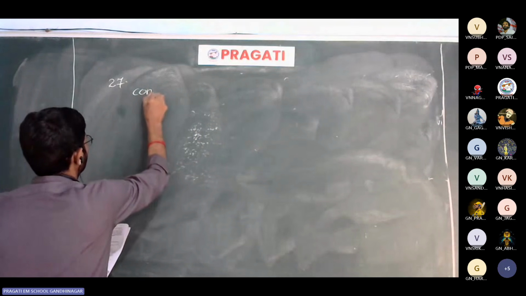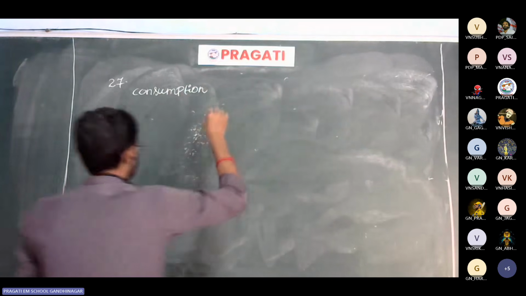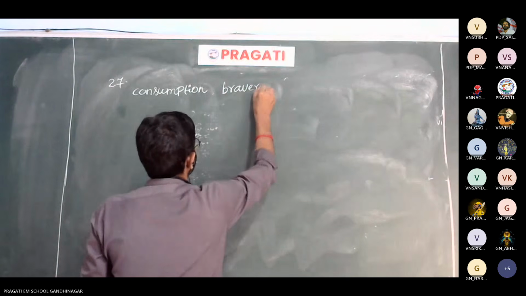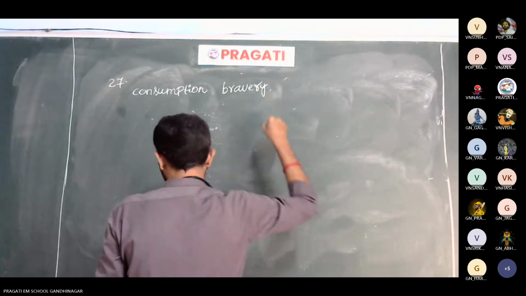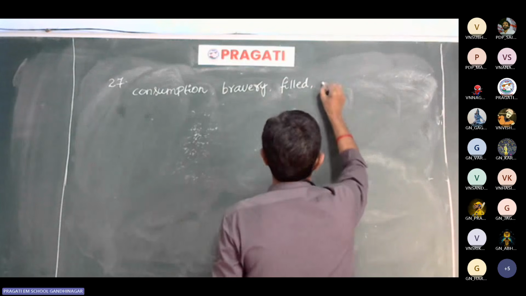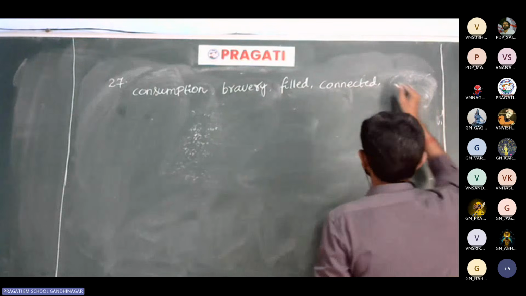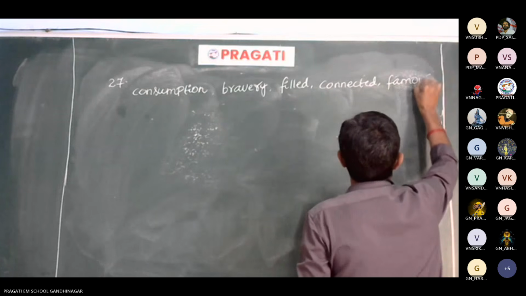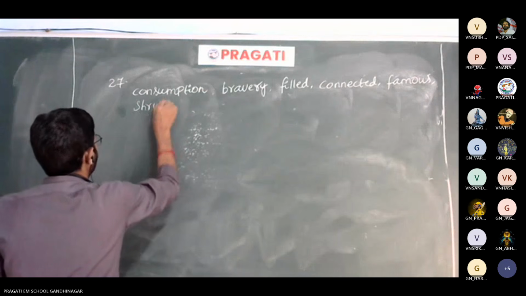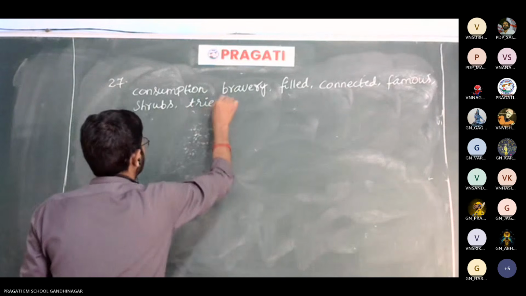So the words given in the box are consumption, bravery, field, connected, famous, scrubs, tried, right?